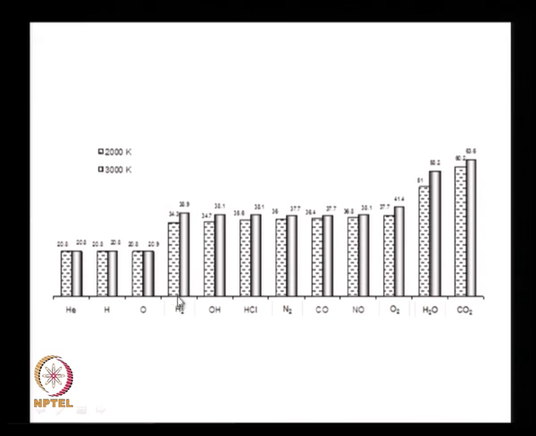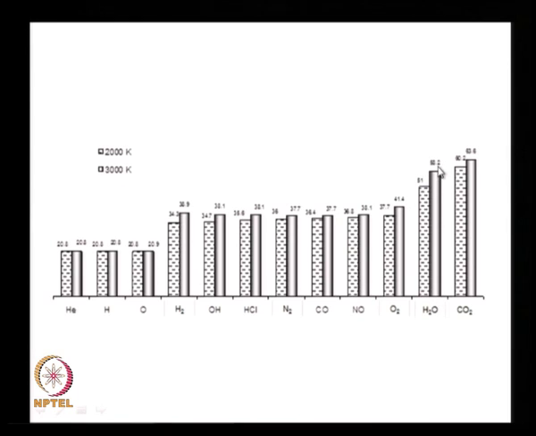If I go to diatomic gases, hydrogen, OH, maybe HCl, maybe N2, maybe CO, NO, all have a ballpark number of around 35, and the change in temperature is not that profound. Therefore, I have an average value here. When I say a triatomic gas, it is even higher, of the order of 51 to something like 60.